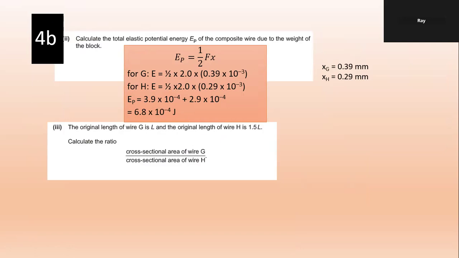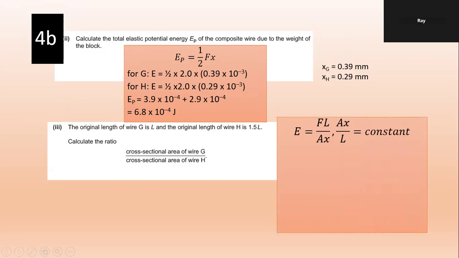The original length of G is L. Original length of H is 2L. Calculate the ratio of cross-sectional area of G to cross-sectional area of H. So go to Young's modulus. Take the constant all to one side. Force is constant.